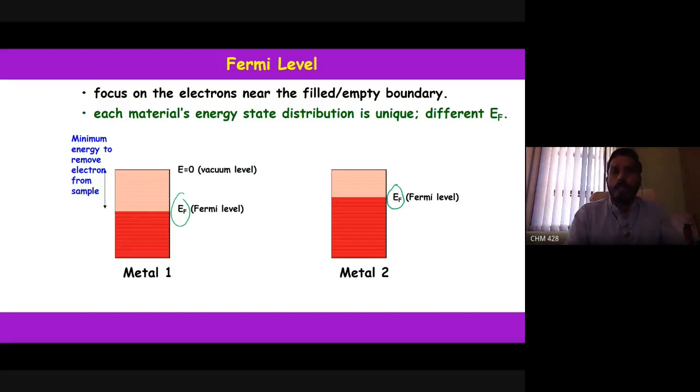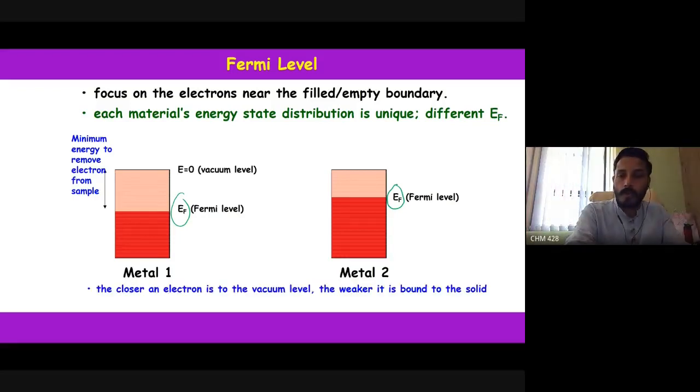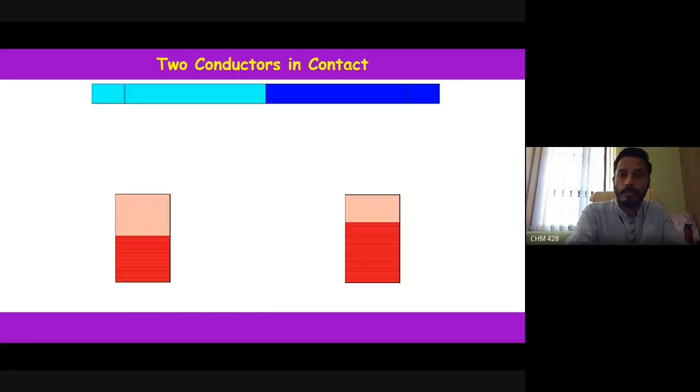What will happen if you bring them in contact? That's my question. Metal 2 has a higher Fermi level compared to metal 1. The right-hand side is metal 2, the left-hand side is metal 1.